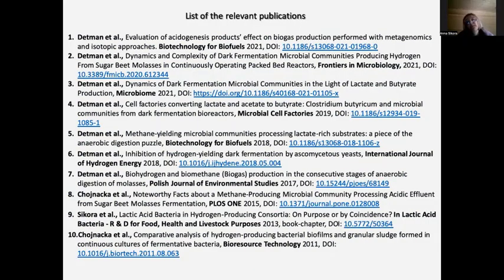Summary. What should the audience learn from the presentation? First issue, challenges and limitations of biohydrogen production during the acidogenic step of anaerobic digestion include low efficiency of hydrogen production via dark fermentation. The theoretical maximum value is 33%.